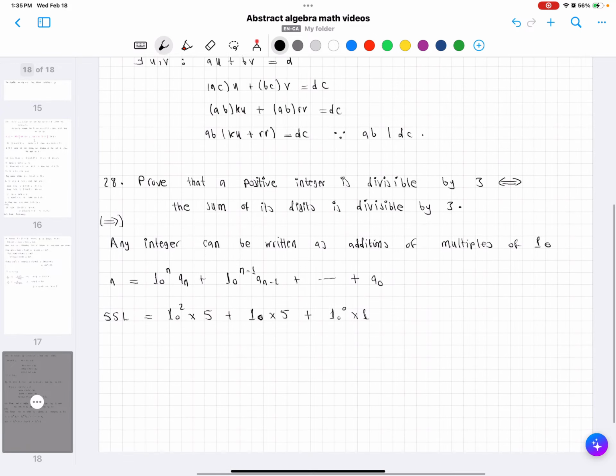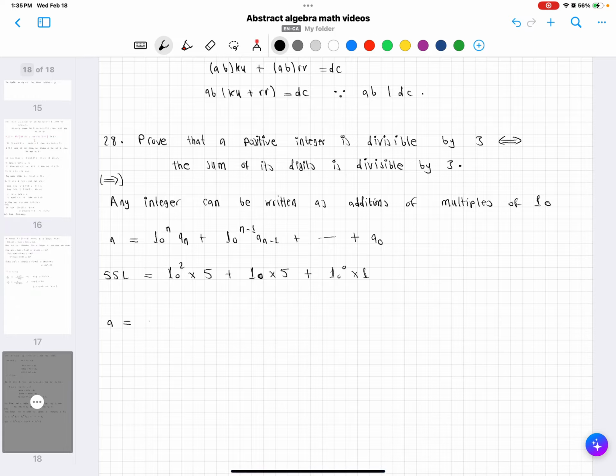All right. So what we can do is write each 10 as 1 plus 9, so 1 plus 9 to the n times a_n plus 10, which would be another 1 plus 9 to the power of n minus 1, and so on, to a naught.